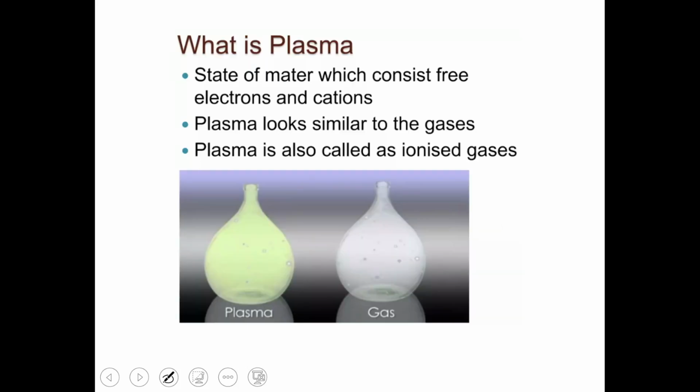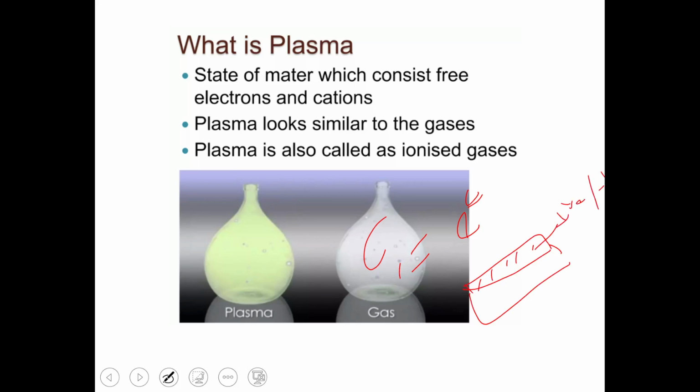So what is plasma? Plasma is a gas of ion species and molecules, a state of matter which consists of free electrons and cations. The anions and cations will react with the surface of the positive photoresist. This is the photoresist layer, positive or negative.